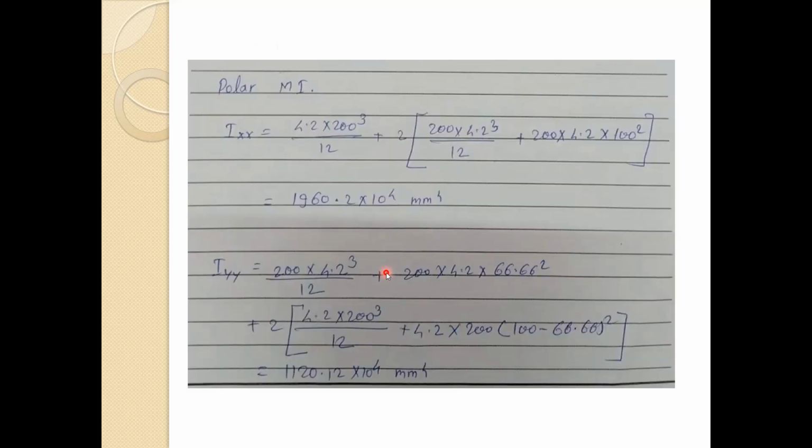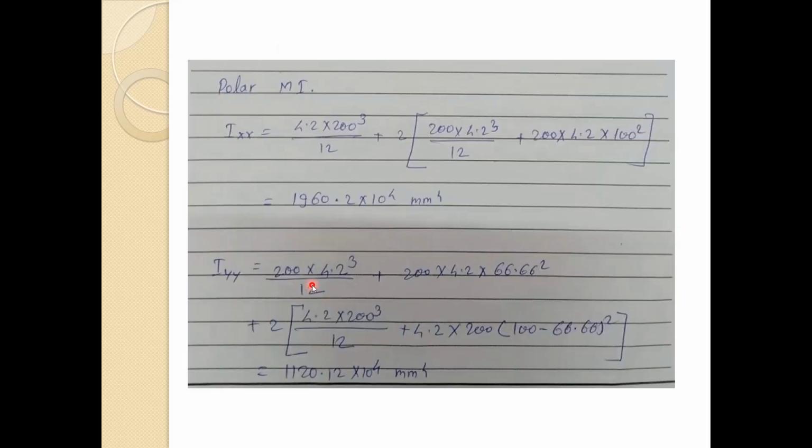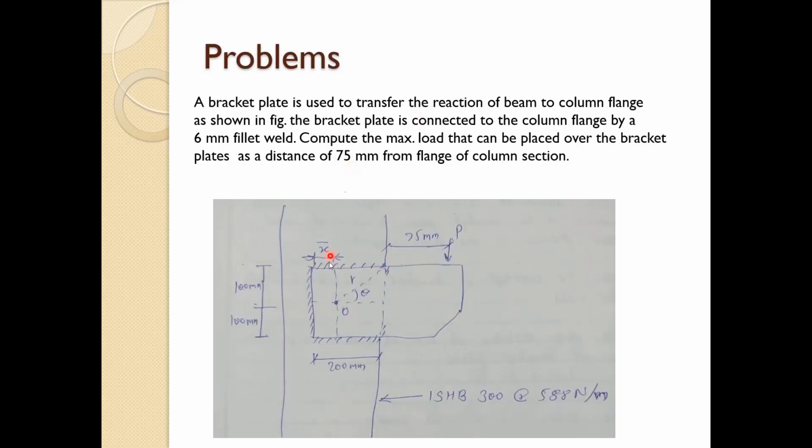So first we are calculating the moment of inertia of the first weld line. So that is 4.2, that is b, into depth is 200 mm, bd cube divided by 12. So this is the b, that is length of weld, and this is bd cube by 12, plus 2, that is these two horizontal weld lines.